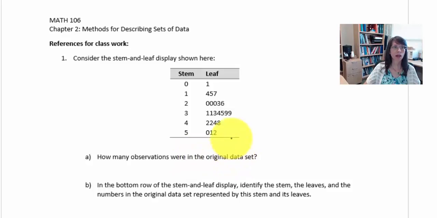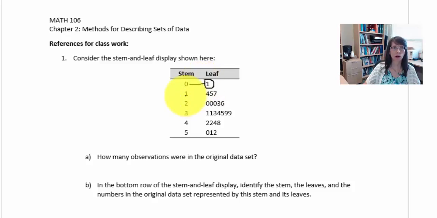So in order to answer that question, we need to know how the stem pairs with the leaf. So with given stem 0, that pairs with one value for a leaf. So that represents one number. We basically could just count the number of leaves, and that will tell us the number of observations.